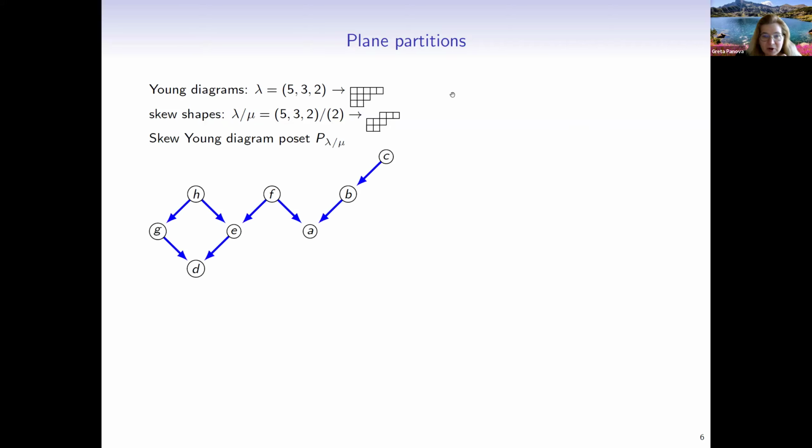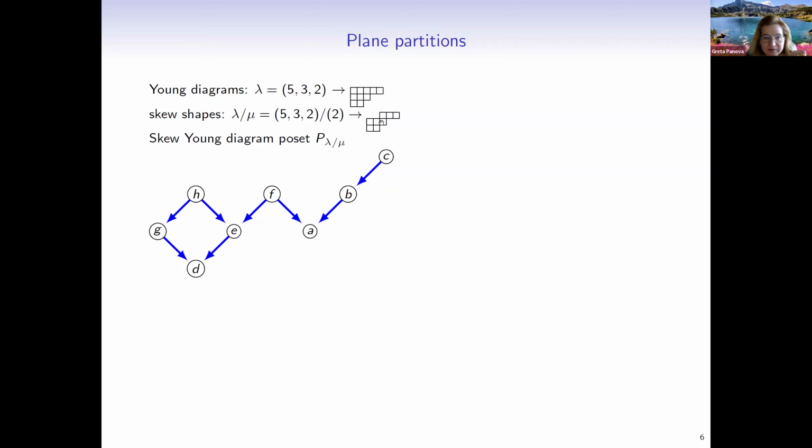Okay, so you take these boxes. Let's say that we take this example, and we make a partially ordered set out of them. The boxes are the elements in this partially ordered set, and the way to imagine it is that the entries are increasing as you go from left to right, and they're increasing as you go from top to bottom along the columns.